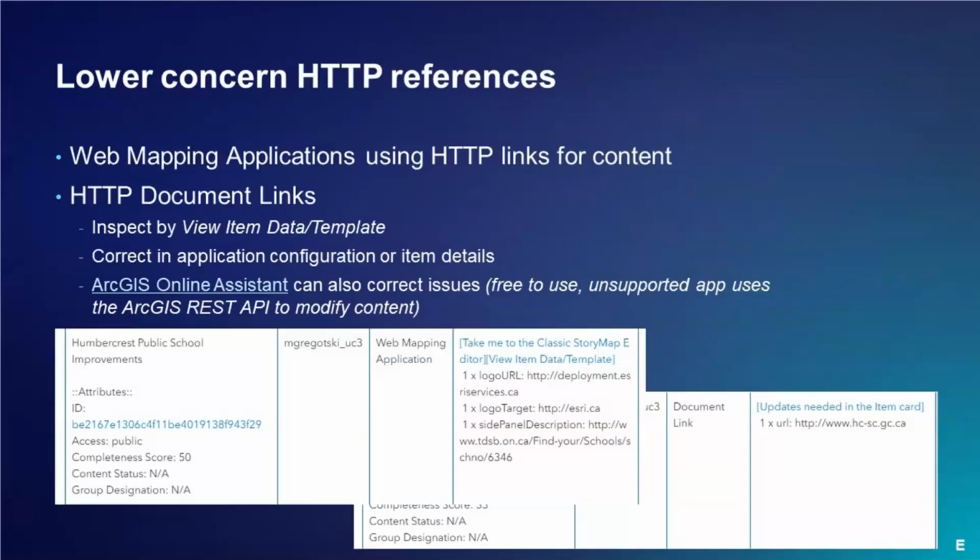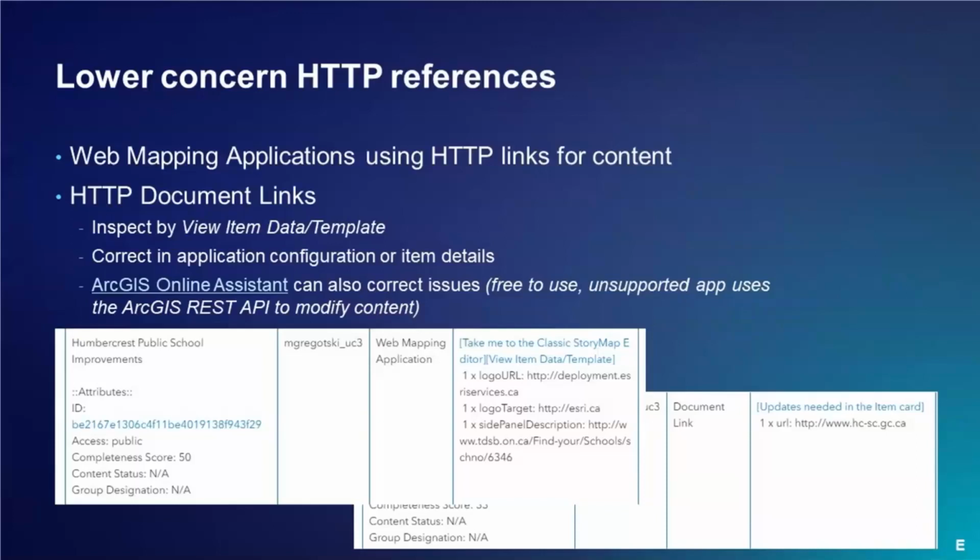The content security policy should also address the issue if there is a corresponding HTTPS link. These can be easily detected by viewing the item's data or template in the scan report, and then corrected in the application or the item details page.